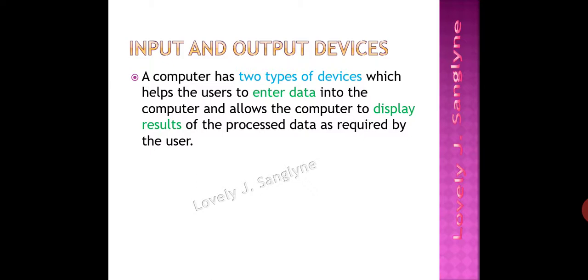So a computer has two types of devices, which help the user to enter data into the computer and allow the computer to display results of the processed data as required by the user.